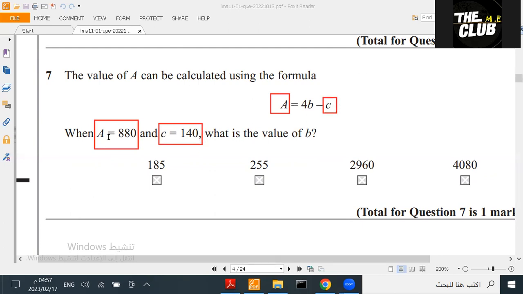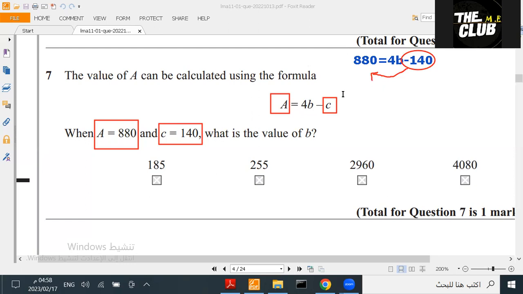Here A equals 880, so 880 equals 4B, written as it is, minus C, which is 140. Now we take the 140 in the minus to the other side by addition.